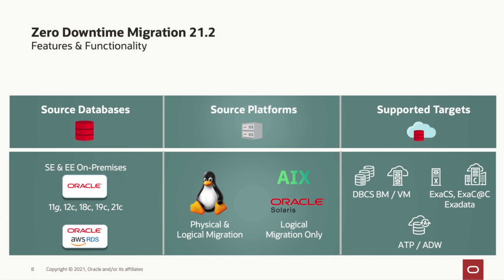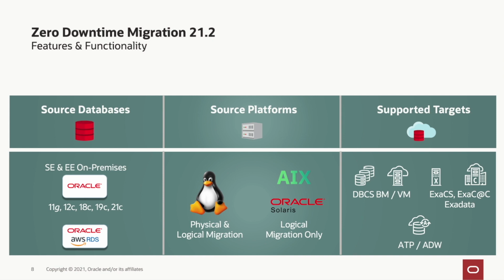Now, as I mentioned at the beginning, we're going to be talking today about 21.2, which is our latest release, Zero Downtime Migration 21.2. So let's talk a bit about the features and functionality of this release. Of course, from the source databases, we allow for migration from standard edition databases and enterprise edition databases on premises. This is Oracle databases, of course, from 11.2.0.4, 12c, 18c, and 19c versions. And of course, we also now allow Oracle databases running on AWS, Amazon Web Services, RDS.